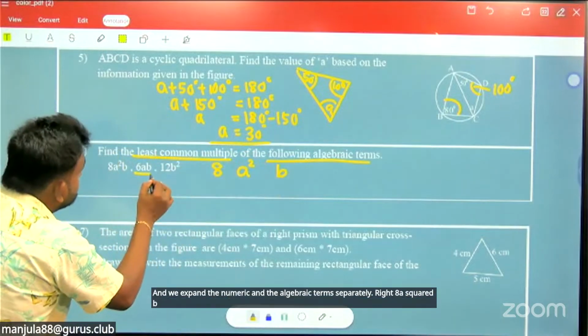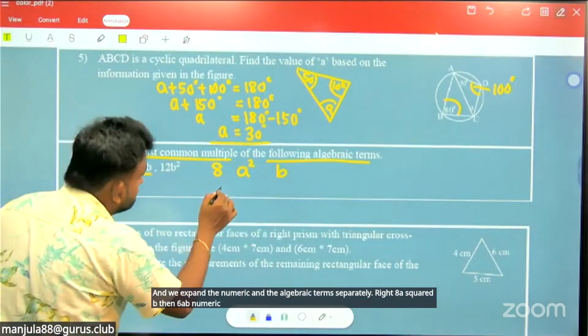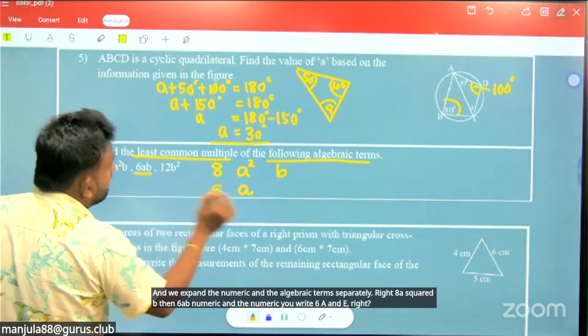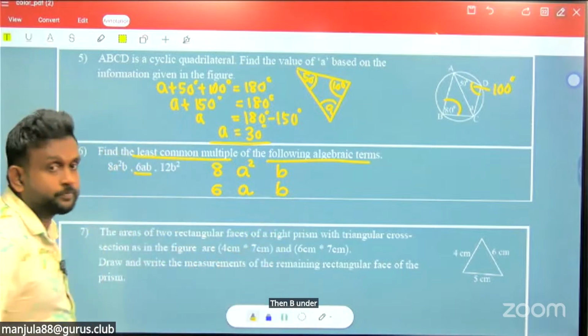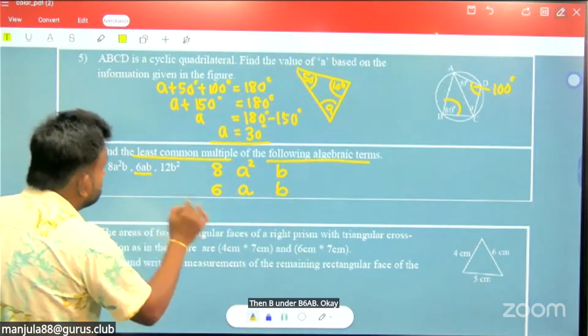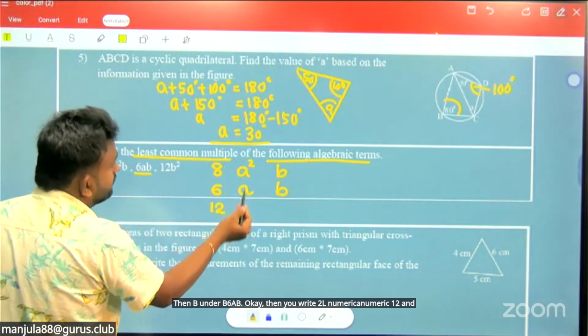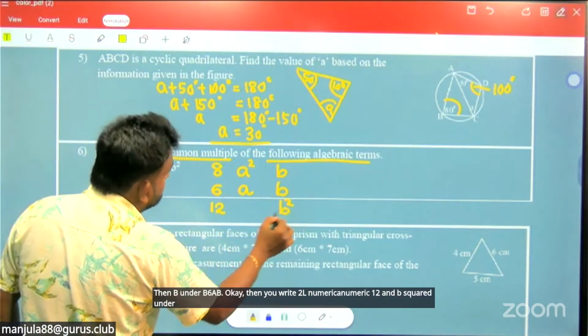Then 6ab, numeric under numeric, you write 6, a under a, then b under b. Then you write 12, numeric under numeric, and b squared under b.